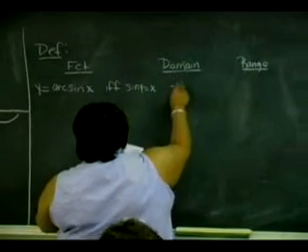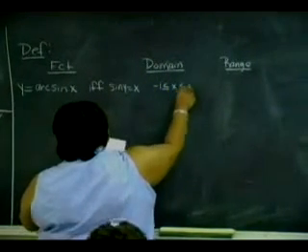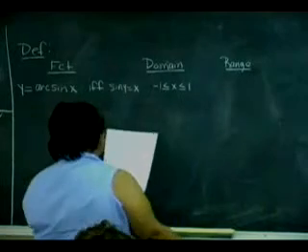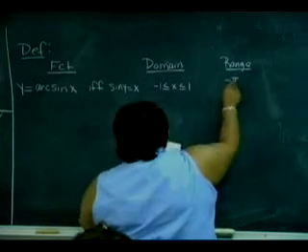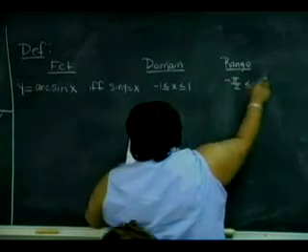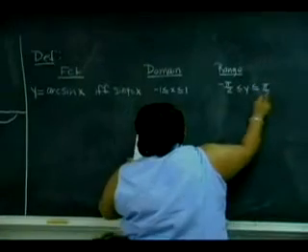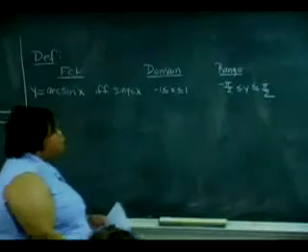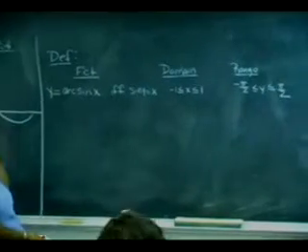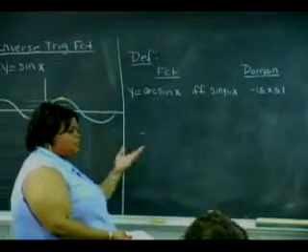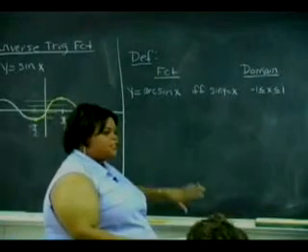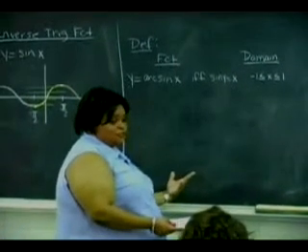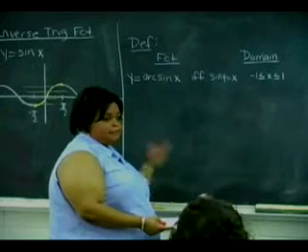The domain for arc sine x ranges from negative 1 to 1, and the range y will range from negative pi over 2 to pi over 2. So, we know that when we talk about inverse functions, the domain of the original function takes on the range of the inverse function.